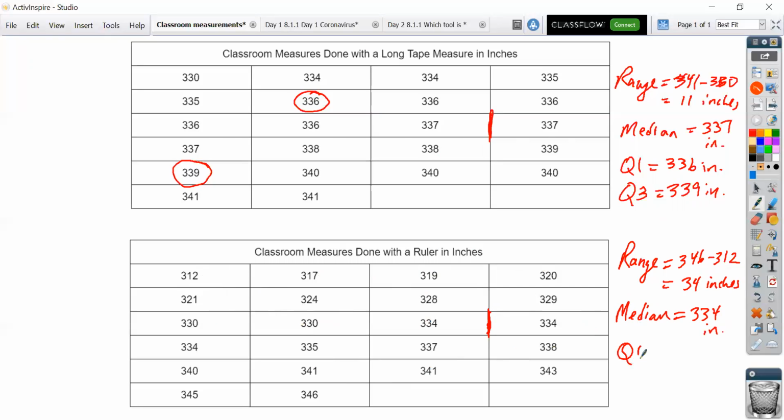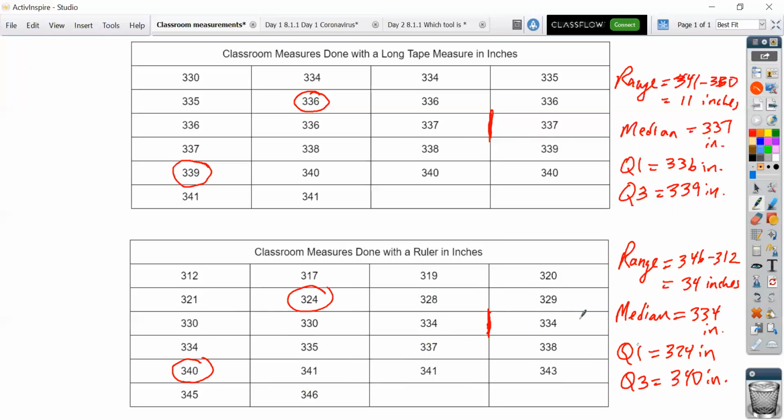The quartile 1 is going to be 1, 2, 3, 4, 5. It should be this one. 324 inches. And quartile number 3, 1, 2, 3, 4, 5, should be here. Yes, 340 inches. Did you get them right?